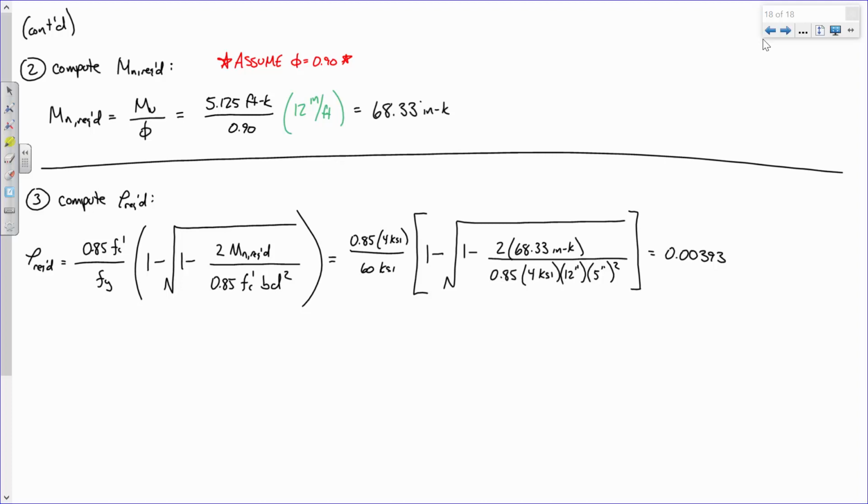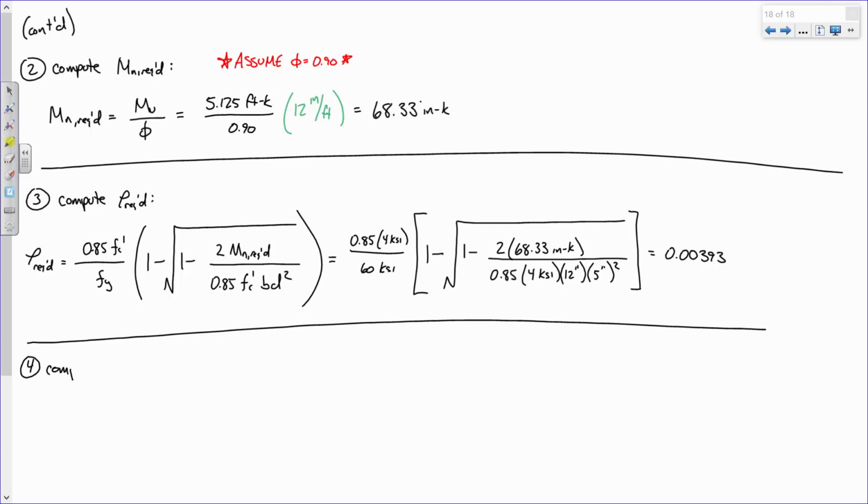Now, if you're okay with that, what we'll do is we'll say, okay, compute required steel areas. So we're going to have the required main reinforcement, and then our required temperature reinforcement.